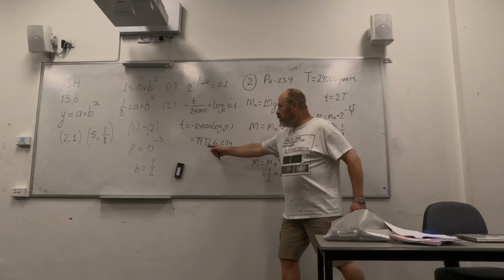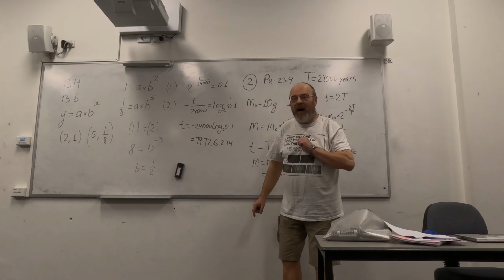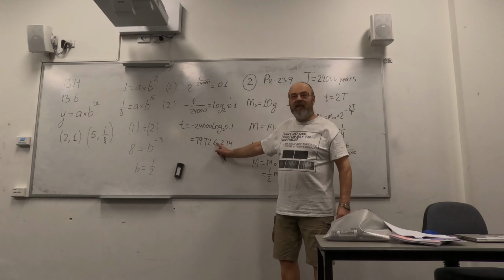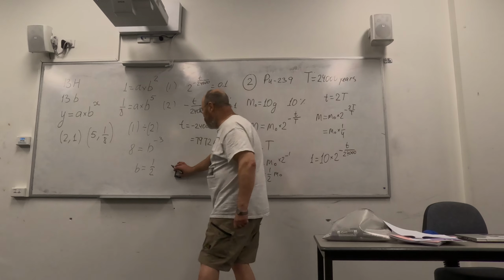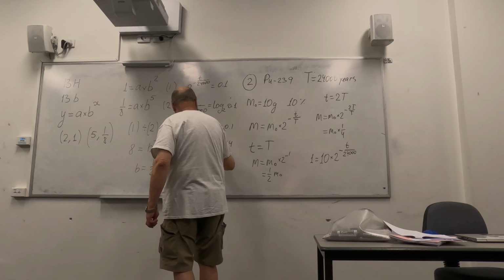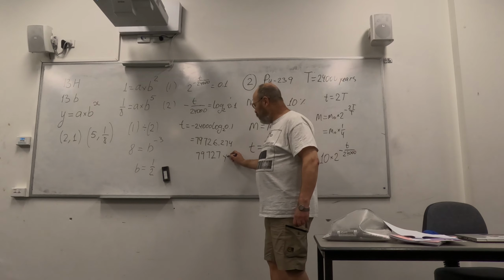It should be 79,727. Why? Because at 79,726 it's not yet 10%. It's more than 1 gram left. So there will be less than 1 gram left at 79,727 years. That will be the answer.